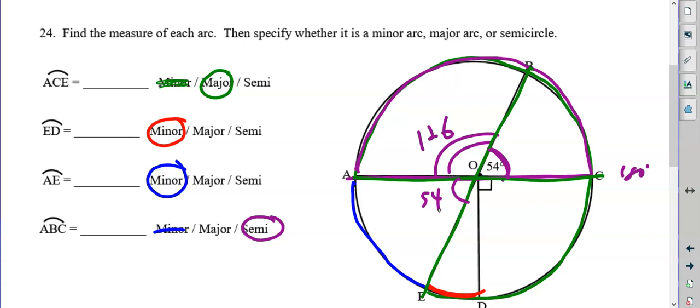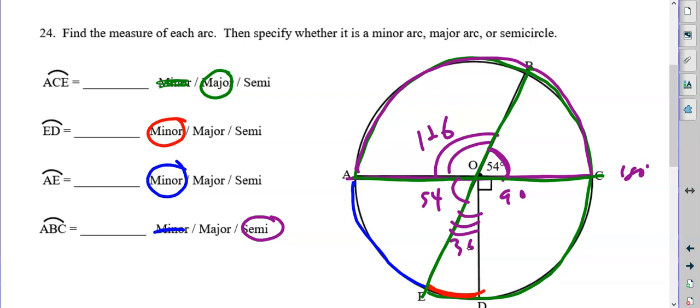Now in the lower half of the semicircle, we have 3 angles. We know this is 90. We just need to find this one, which is 90 plus 54, which is 144. And if we subtract that from 180, we get 36. Now we can find out everything we need. So ACE, okay?